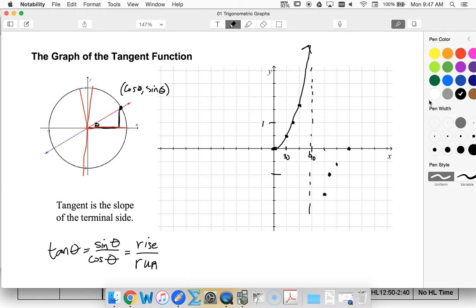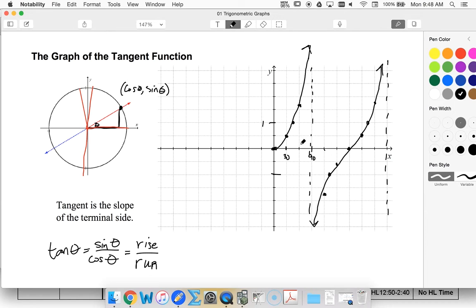So as we continue going over, we're going to have another asymptote, and our graph will be just greater than 1, at 1, 1.7. So our tangent curve, and it's still a curve, is going to look something like this. It's very similar to a cubic curve.